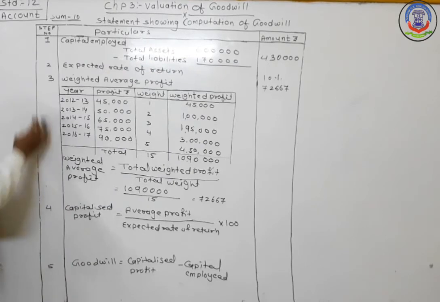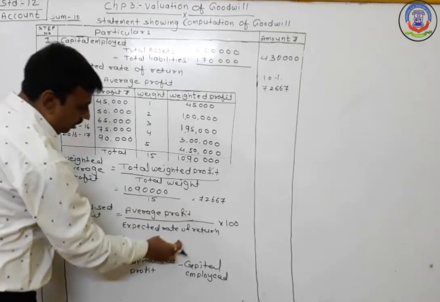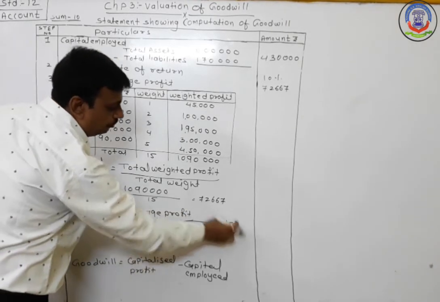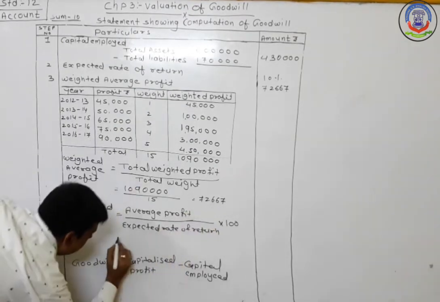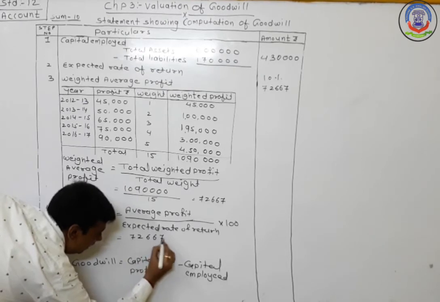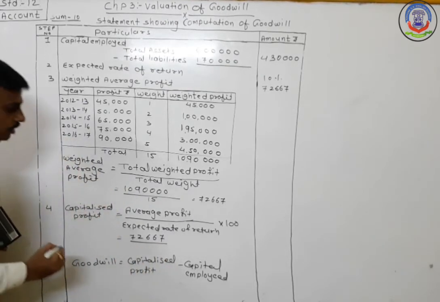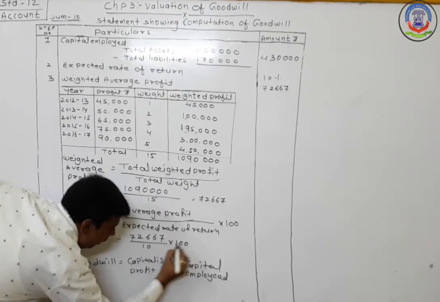Now fourth step is to find out capitalized profit. Capitalized profit equals average profit divided by expected rate of return multiplied by 100. Now average profit is rupees 72,667. Expected rate of return 10, multiplied by 100.